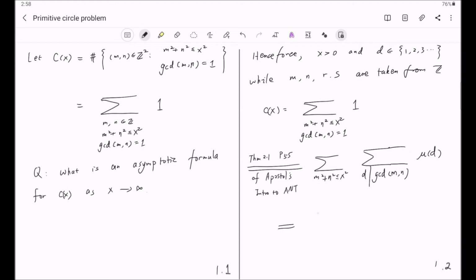So this, as we did before, can be rewritten as follows. The reason that we could make this change of variable is that we have the following one-to-one correspondence, as we did in the proof of Mertens' theorem.